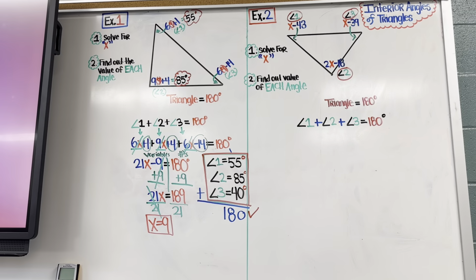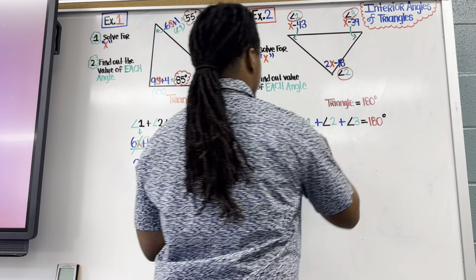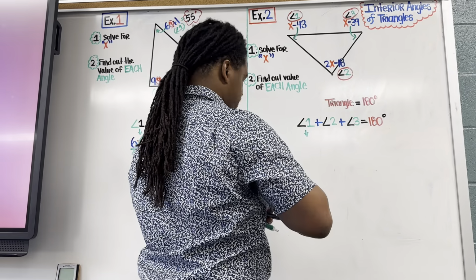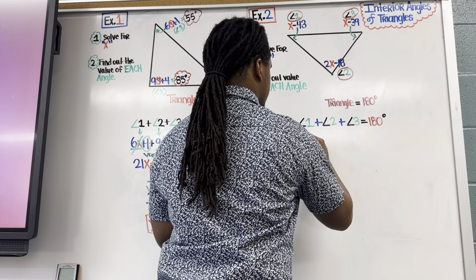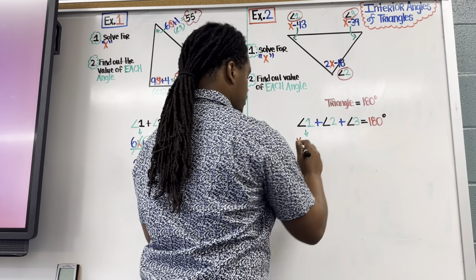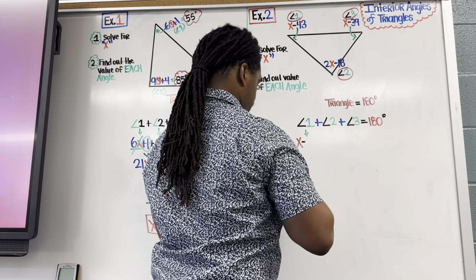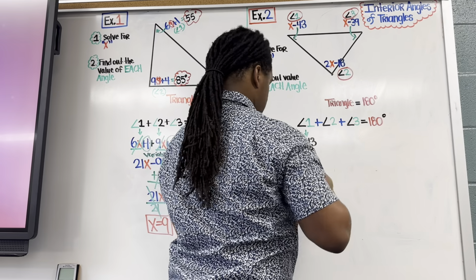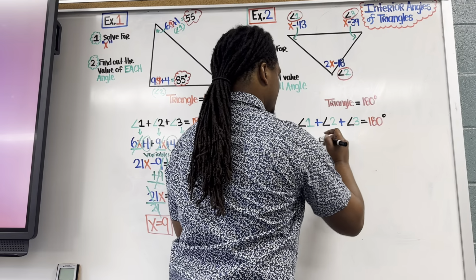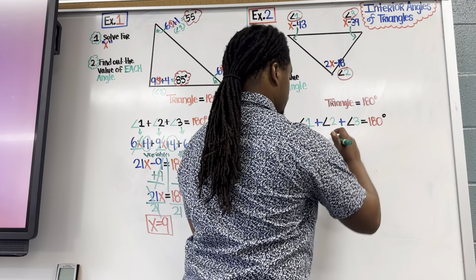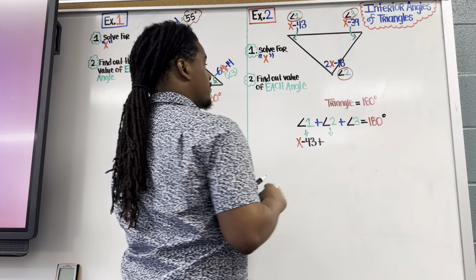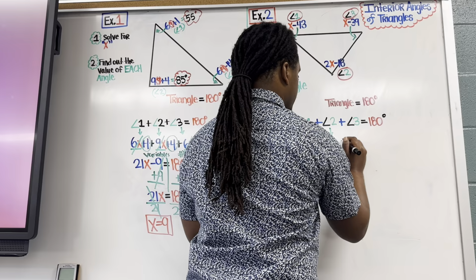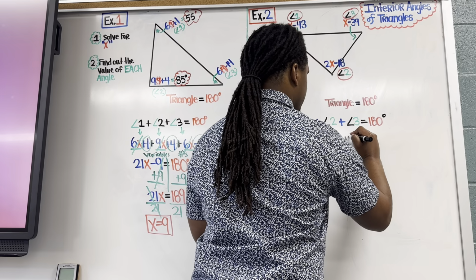Okay? Now, what I'm gonna do is, guys, I'm gonna substitute the angles for the expressions that represent each angle. So now let's go ahead and do that. Angle 1 is x minus 43. Plus, this next one, angle 2, is represented as 2x minus 18.